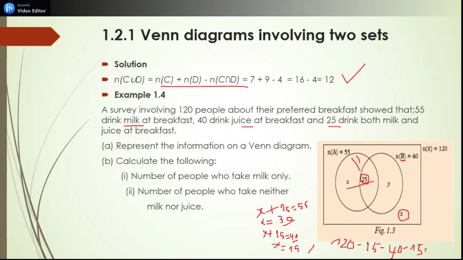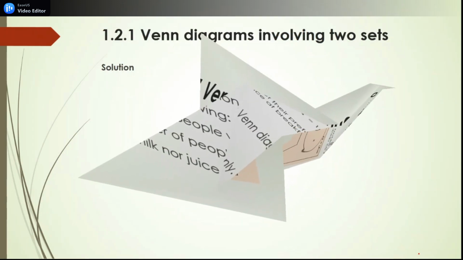Then this one will be equal to Z. When we take 120 and subtract these, we remain with 50.